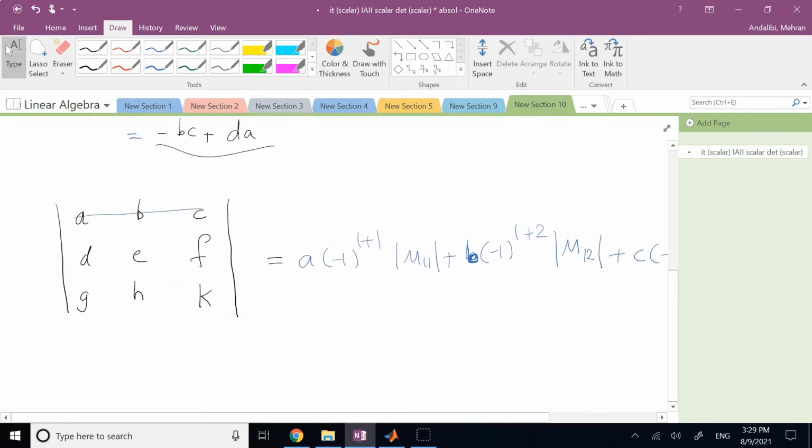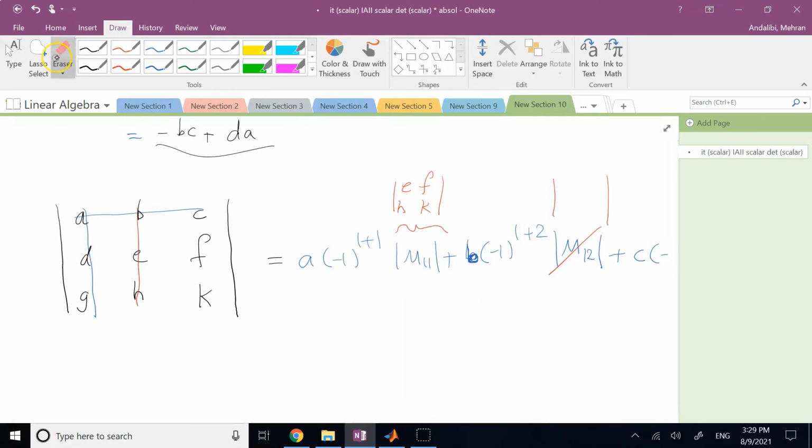Now, what is M11? M11 means eliminate the first row and first column. So M11 is E, F, H, K. So if I write it, this is the determinant of E, F, H, and K. This one here means eliminate the first row and the second column.